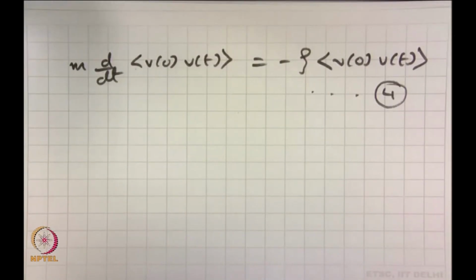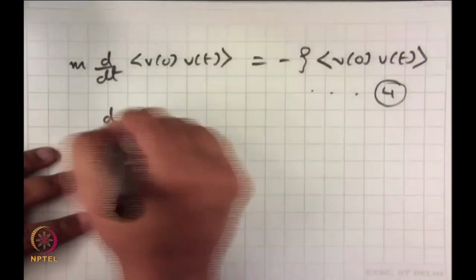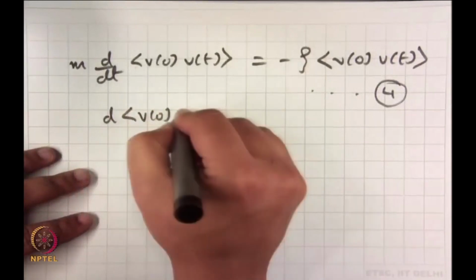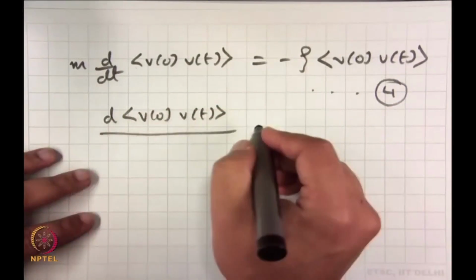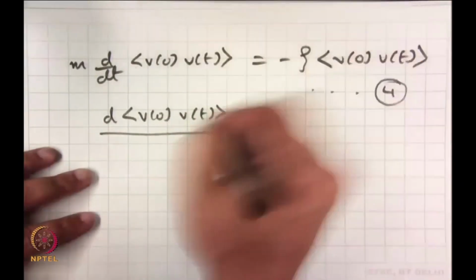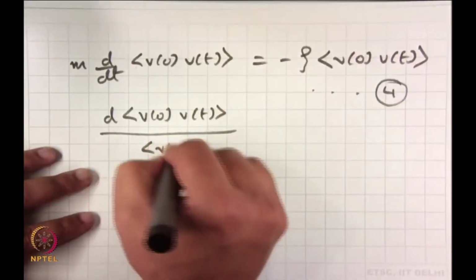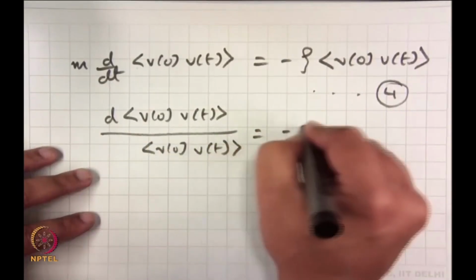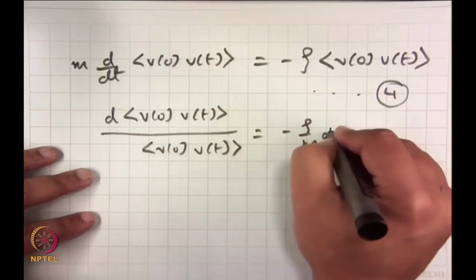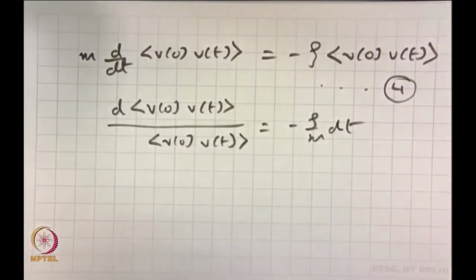So, can we solve this equation now or not? We can easily. So, what we can do is we have d of V0 V(t). This one comes down now, V0 V(t) is equal to minus xi by m dt.